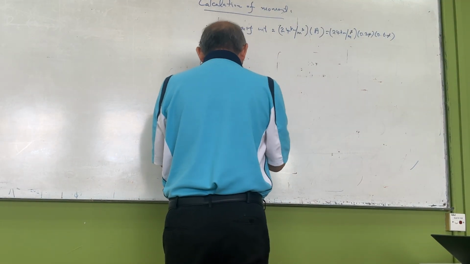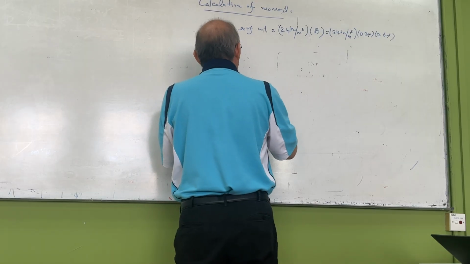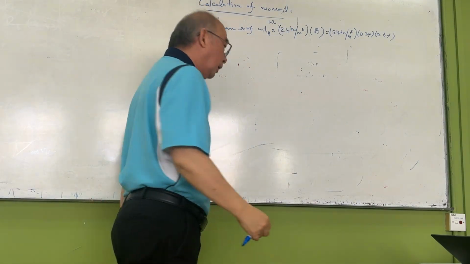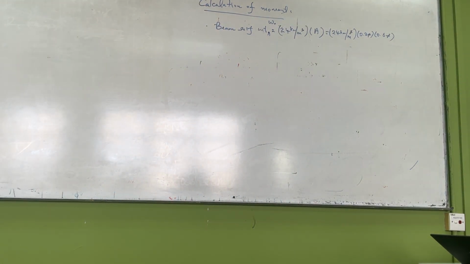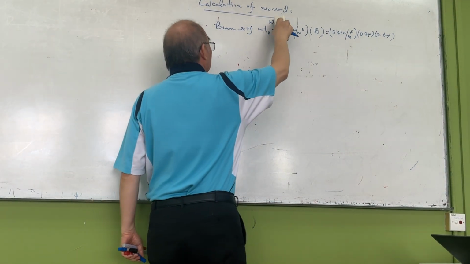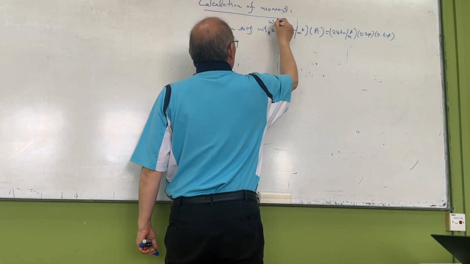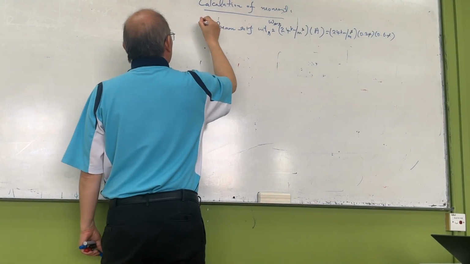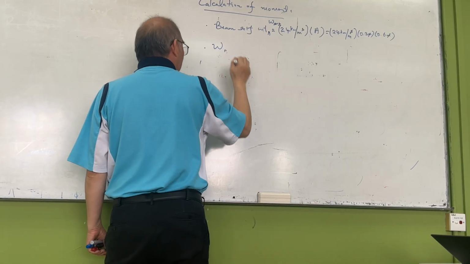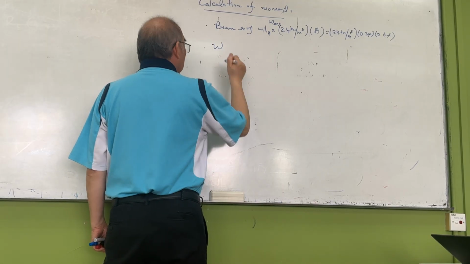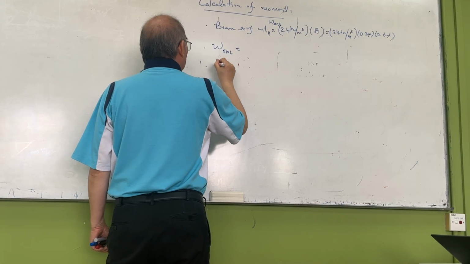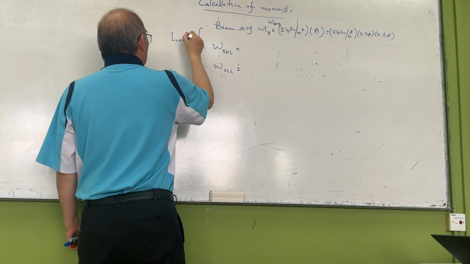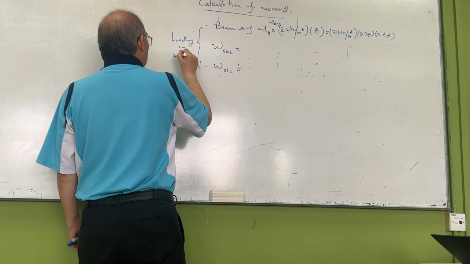Let's say I use a symbol called W self, the self-weight. And also the loading. So we have the superimposed dead load, and also the superimposed live load. This is the loading on beam.